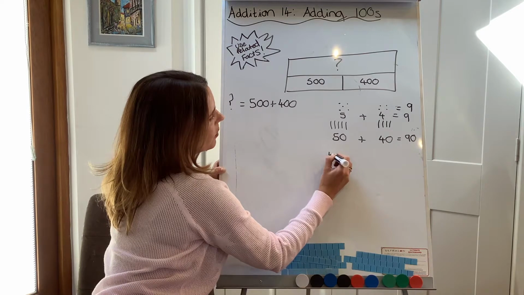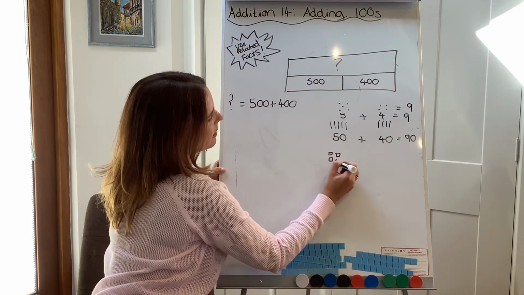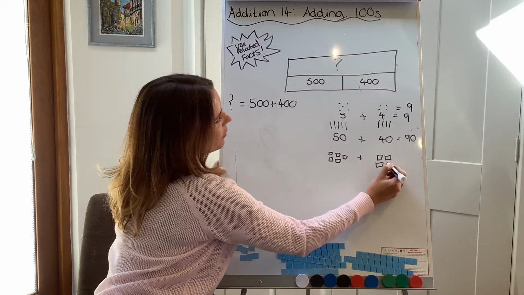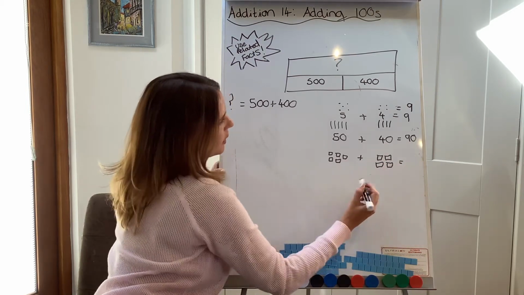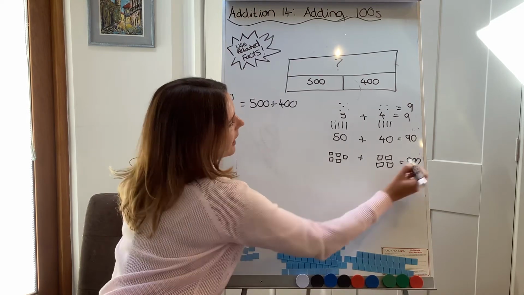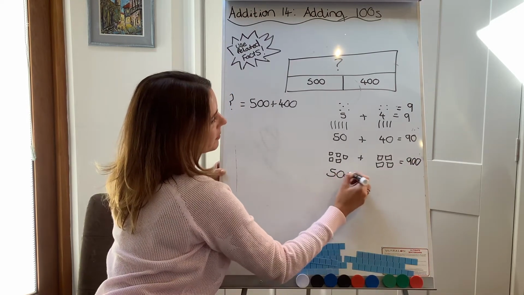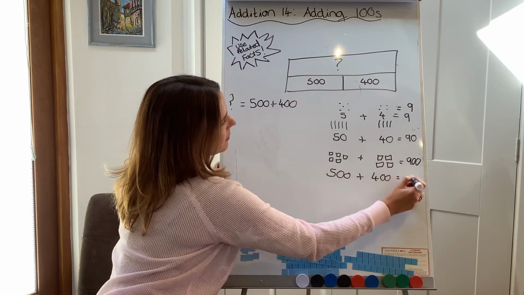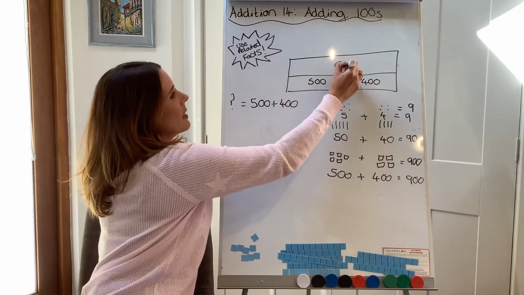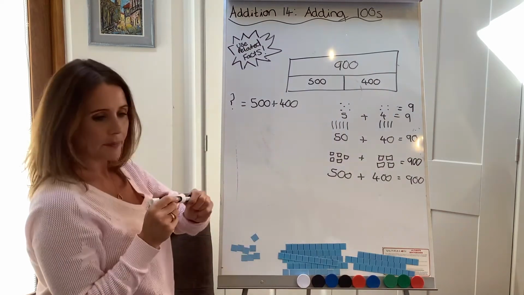So then we know that 500 and 400 is equal to 900. So we can use our related facts to help us to work that out.